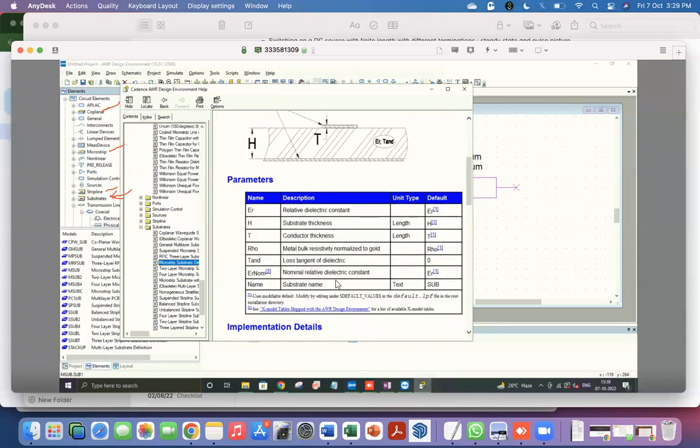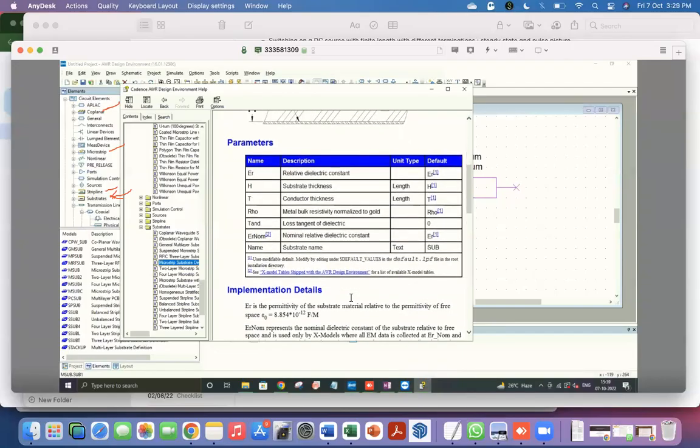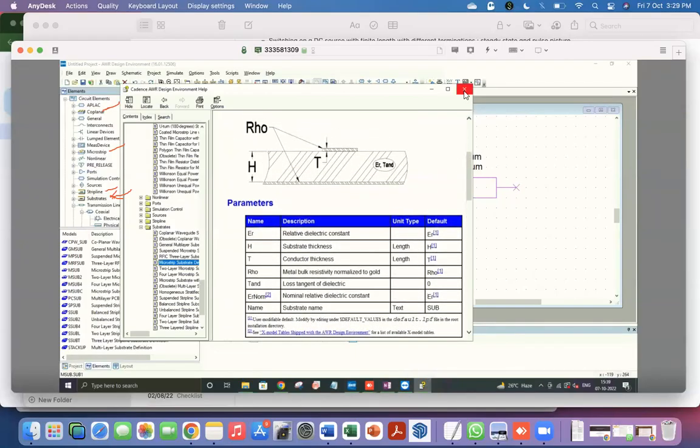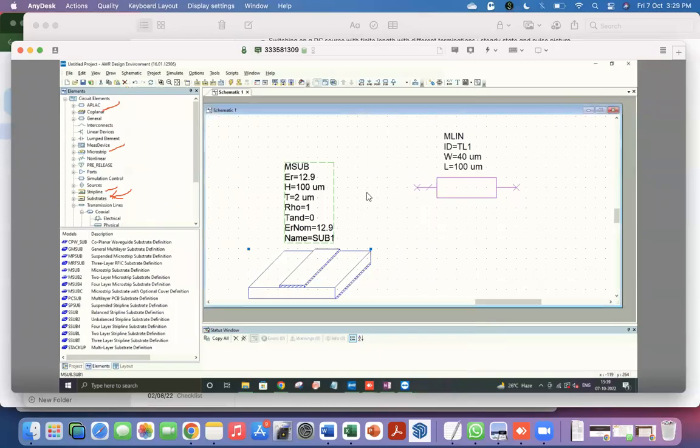I don't know what nominal relative dielectric constant means. Maybe it's some default value or something, but that's a number which you don't have to change. So let's go back to the TX line, which has disappeared now.